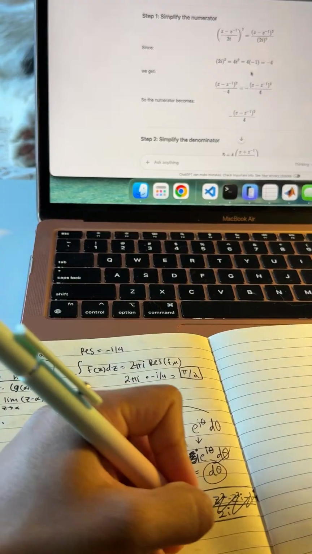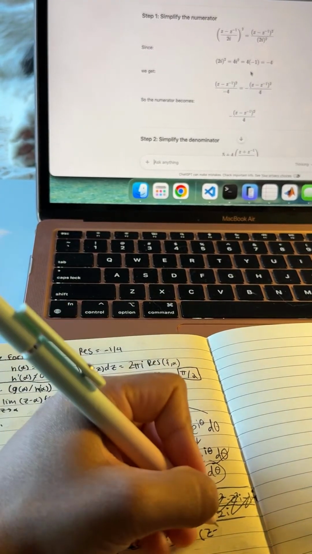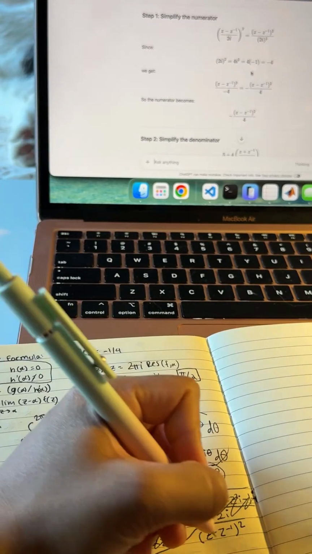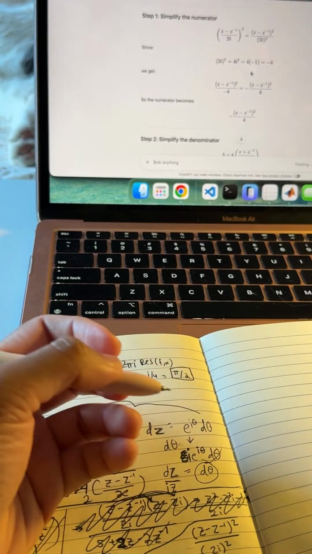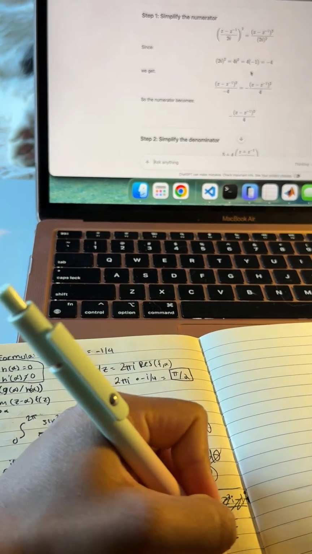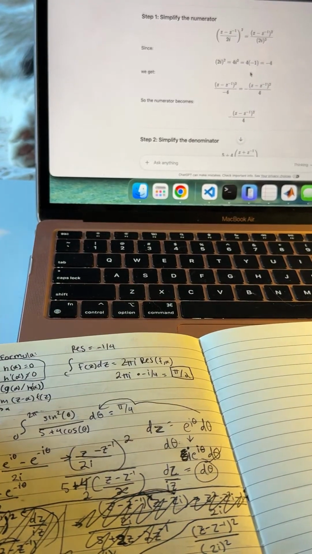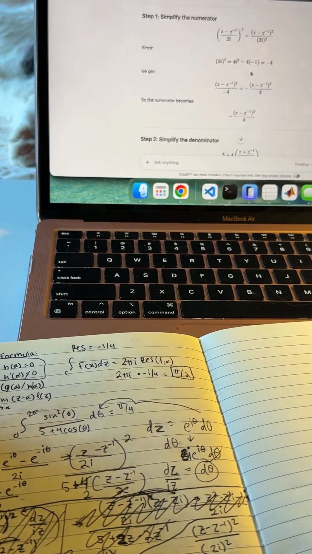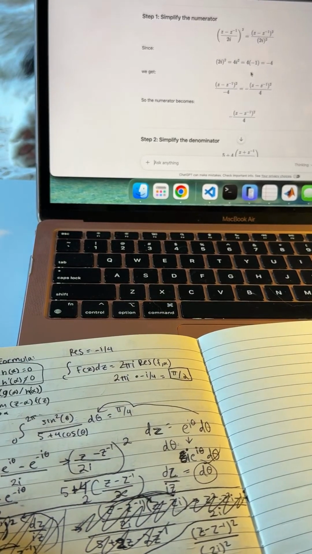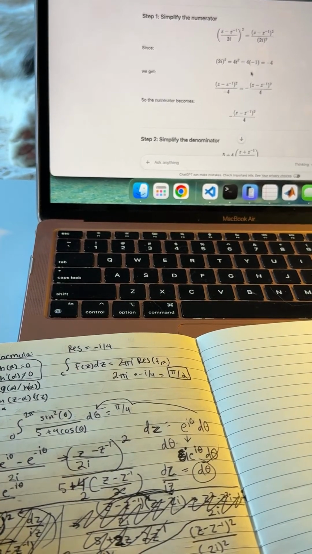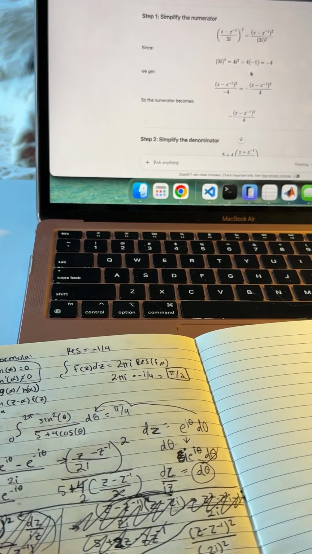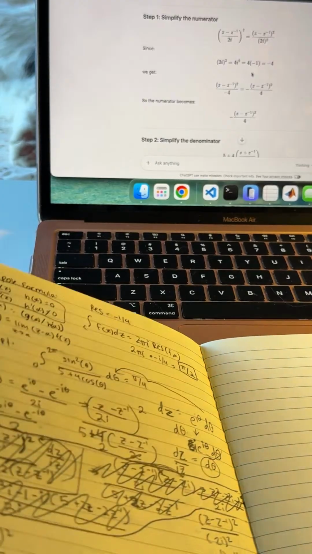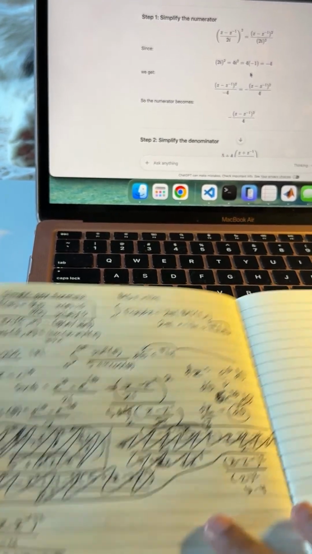Right here, that becomes z minus z to the negative 1 squared over 2i squared. And then that becomes negative 4, actually. The numerator stays. Z minus z to the negative 1 squared over negative 4, all over 5 plus 2 times z minus z to the negative 1. Right? Do y'all get that far? That much?